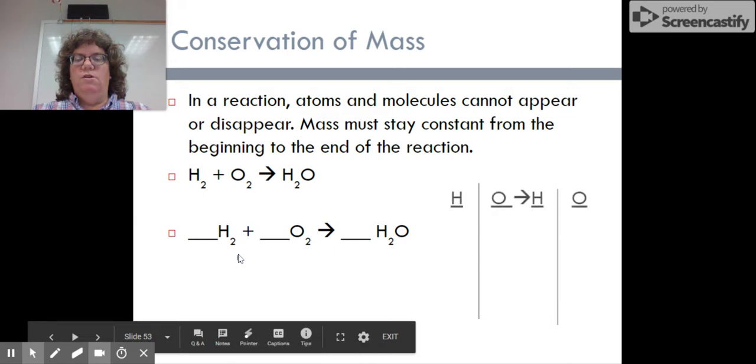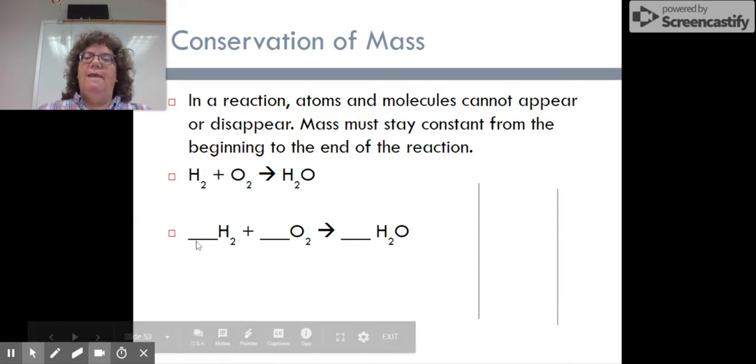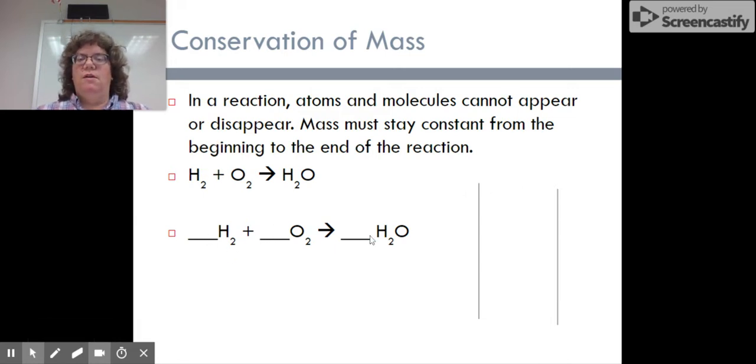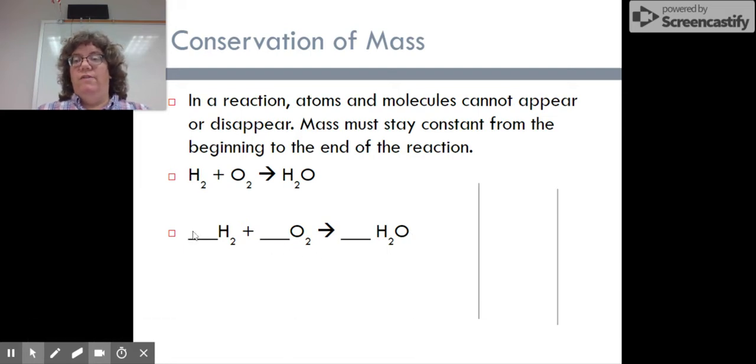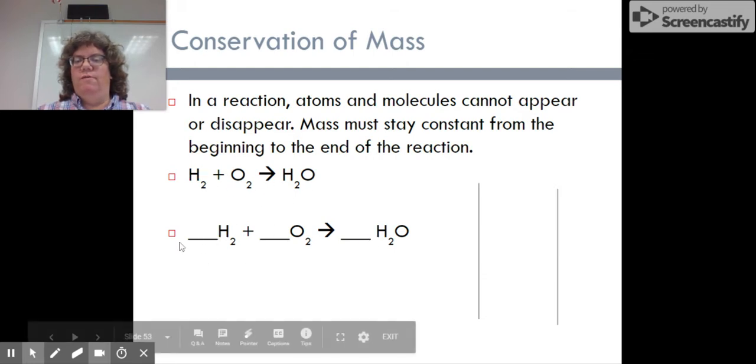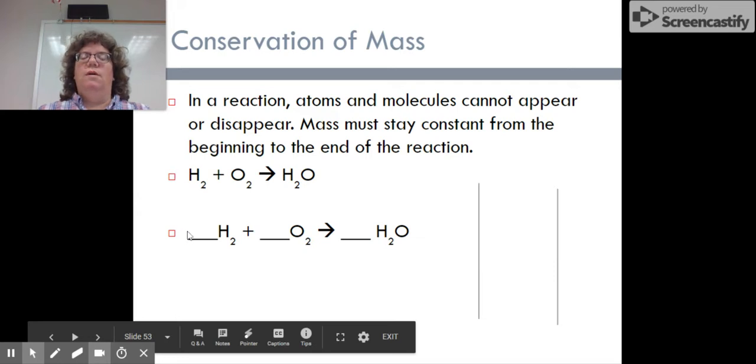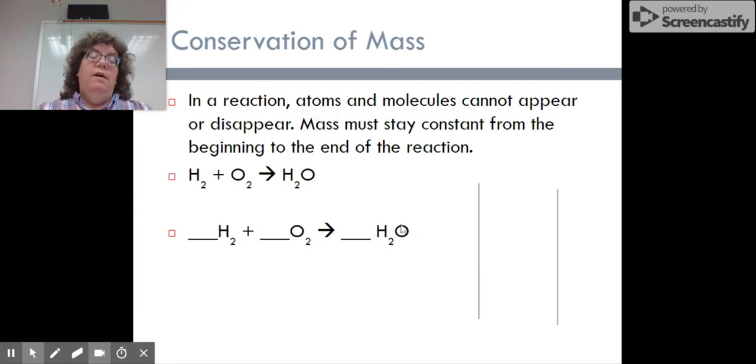The way that we can do that is we can only put numbers in front of each of the different components. Those are called coefficients. We cannot change the subscripts at all, but we can put different coefficients out in front to balance our equation.